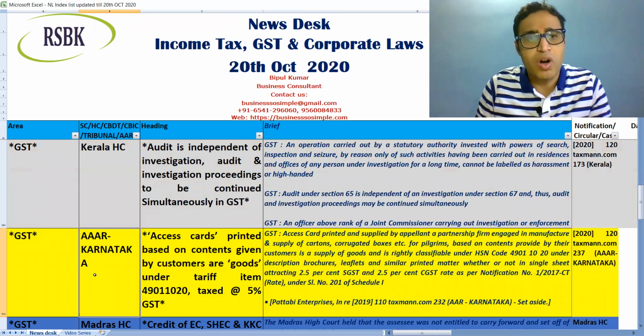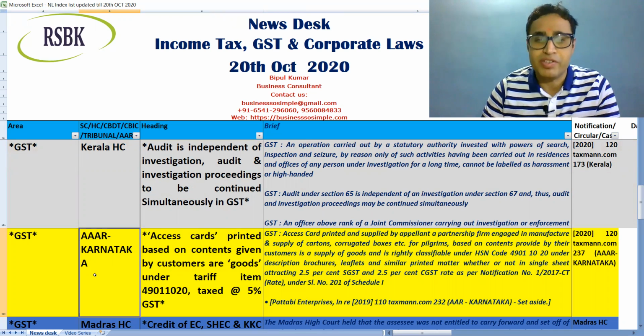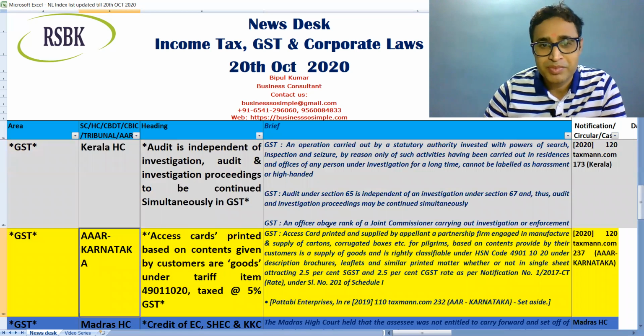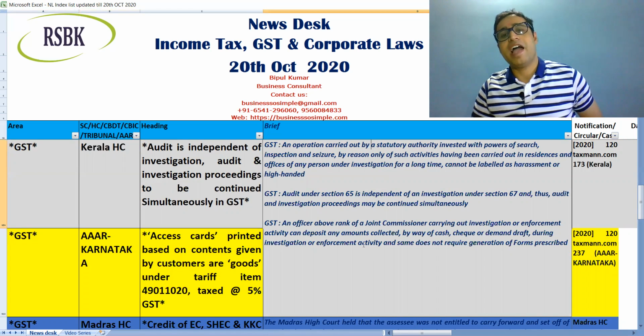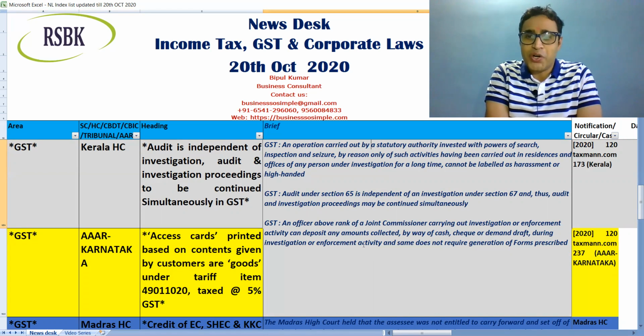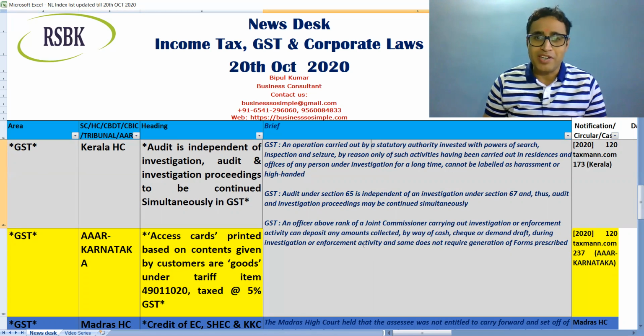Next case, Kerala High Court: audit is independent of investigation; audit and investigation proceedings may be concluded simultaneously in GST. Kerala High Court held that in an operation carried out by a statutory authority invested with power of search, inspection and seizure, by reason only of such activities having been carried out in the residence and offices of a person under investigation for a long time, it cannot be labeled as harassment or high-handed.